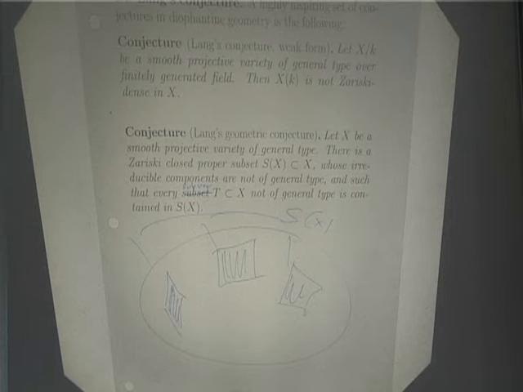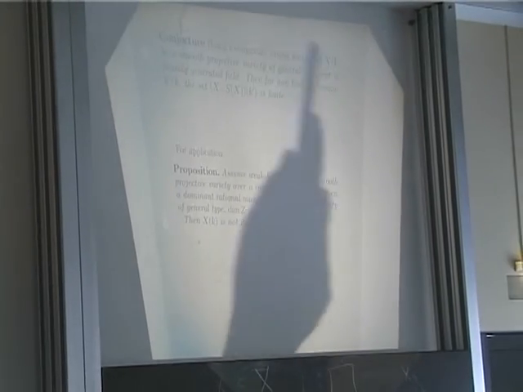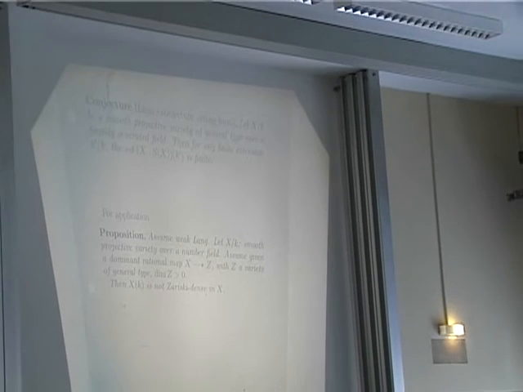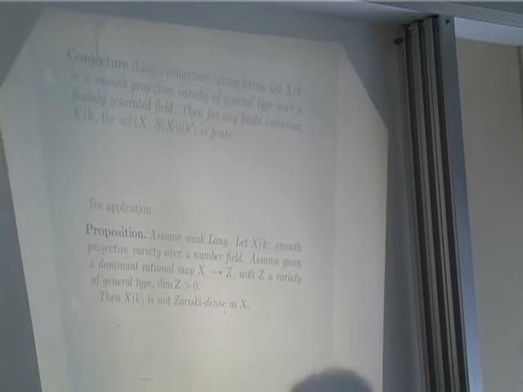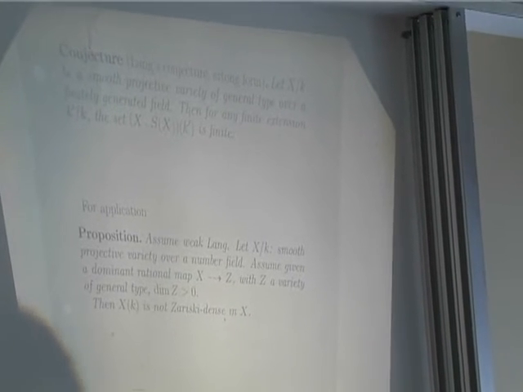And its arithmetic consequence is what we call Lang's conjecture in strong form, which says: assume that the geometric conjecture holds, and let X be any smooth projective variety of general type over a finitely generated field. Then the number of rational points away from S of X is finite.